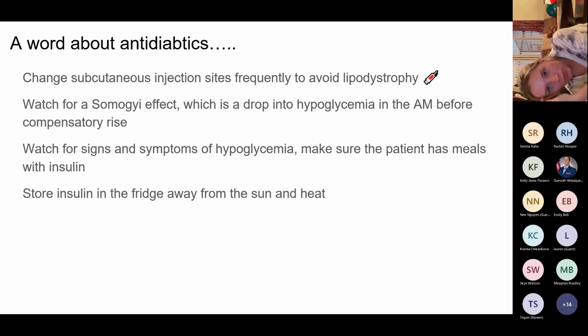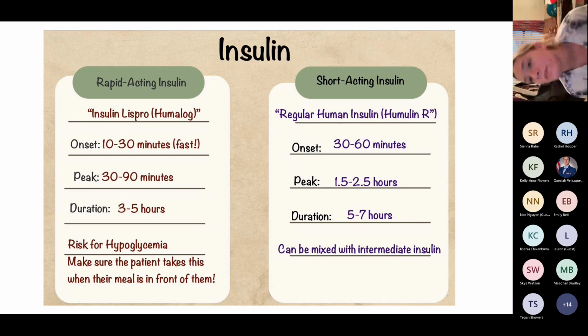Additionally, how do we store insulin? We can store it in the fridge with the needles upright, away from the sun and the heat. So please review all of that general anti-diabetic stuff.